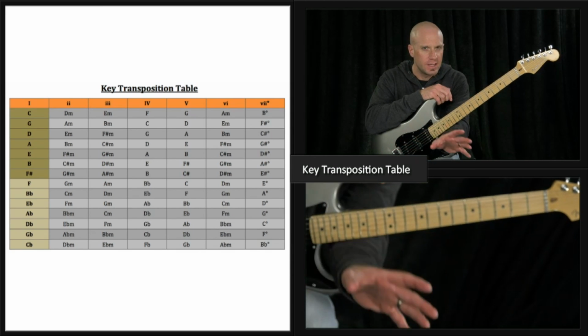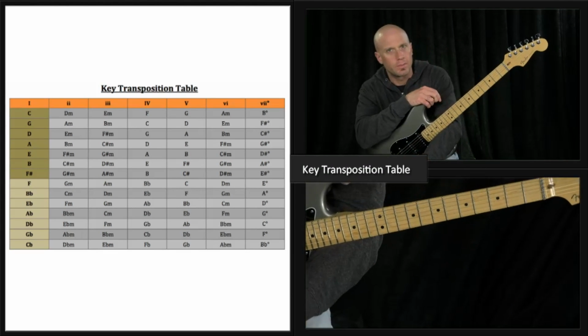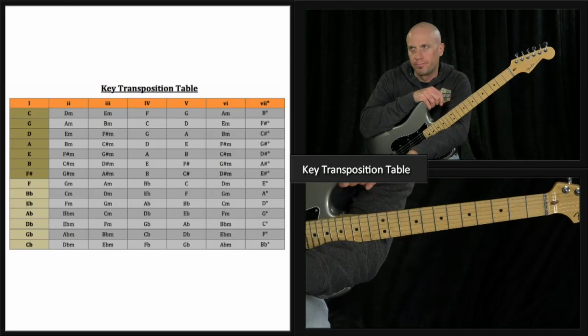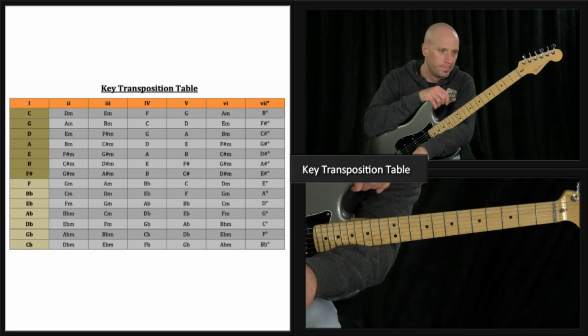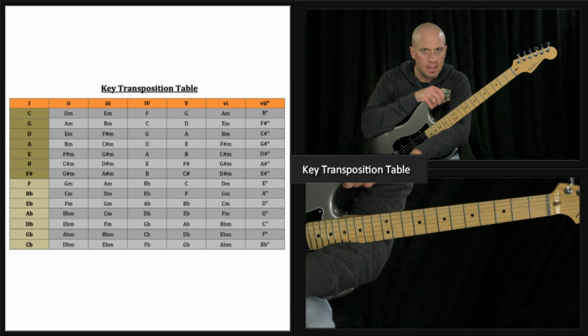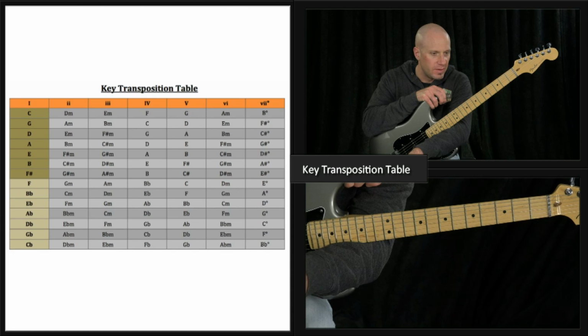What we just did with Dorian and Phrygian, we'll do with Lydian and Mixolydian. So let's say we want to play in F Mixolydian. We need to find where F is the 5th degree, because Mixolydian is the 5th mode of a major scale. That'd be B flat major, as you can see down there.